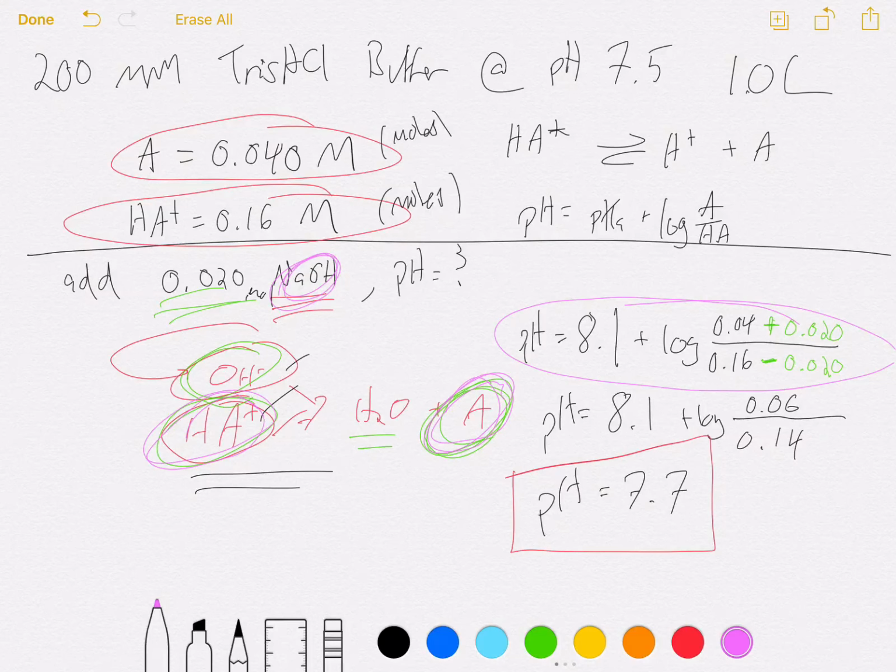No, but because our A to HA ratio is still between 0.1 and 10, and we still calculate a pH that's within 1 pH unit of the pK value, it's still a valid buffer. And so we were able to use the shortcut where we could just add the amount of base added to the numerator and subtract the amount of base added from the denominator, representing this chemistry we've shown here, to calculate our final pH. So if you have any questions on this or similar problems, let me know.